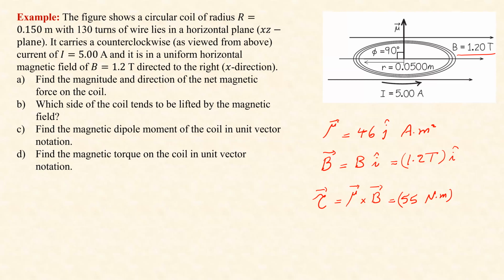What is the direction? J cross I. What is J cross I? Negative K hat, right? So it becomes negative 55 K hat Newton meter. As I said, the torque will be in that direction, because mu cross B will be in that direction, and that is the negative Z direction. X, Y, Z.